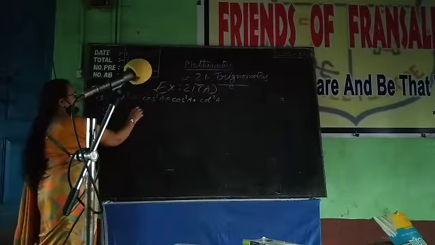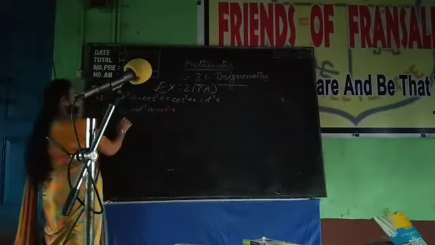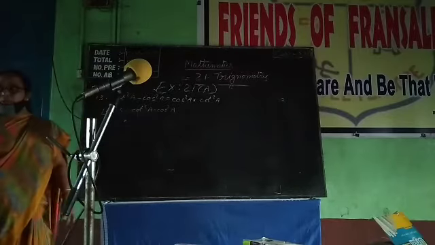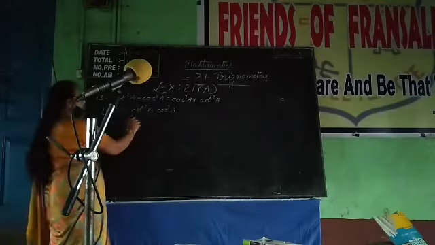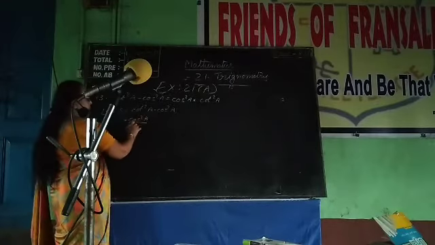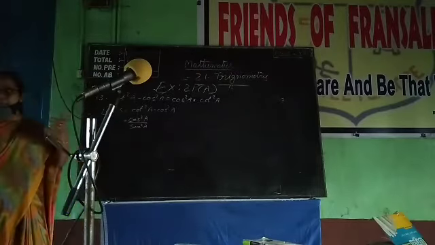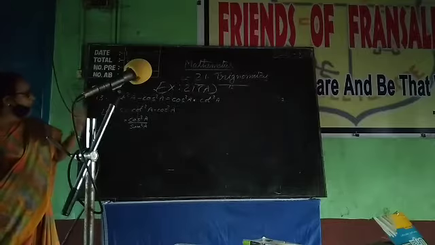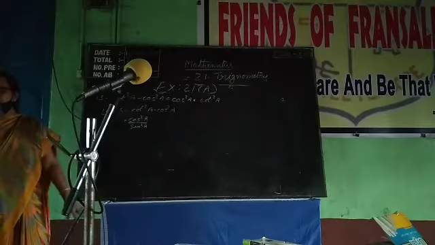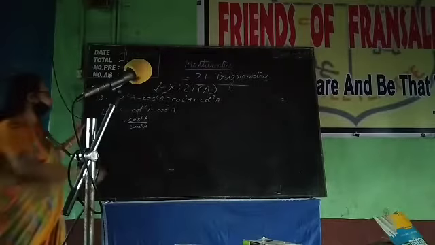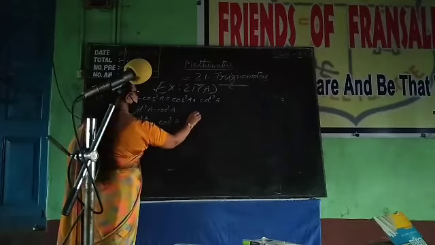LHS is equal to, rewrite the terms, cot square A minus cos square A. Cot square A can be written as cos square A divided by sin square A. In all those relations we have to use it here. If you don't know that relation, you cannot use it. Simplify and get the answer, and minus cos square A. Write down the reason for what you have taken here.